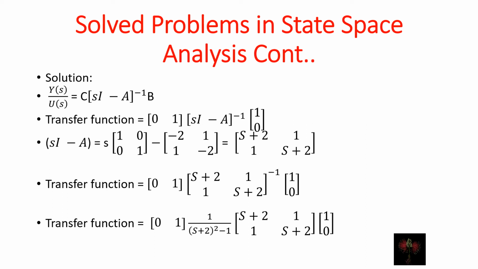This is the determinant value, determinant of si minus A, and the adjoint value is s plus 2 1 1 s plus 2, and the B value is 1 0 matrix.